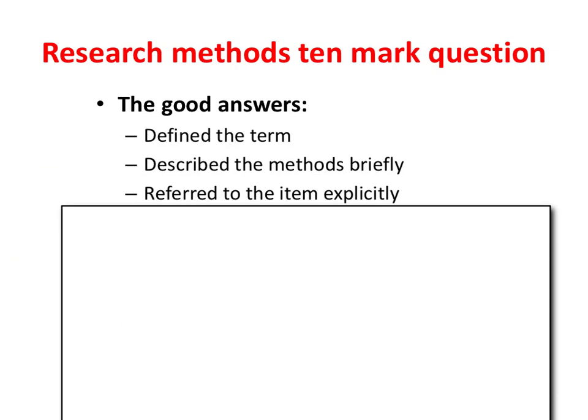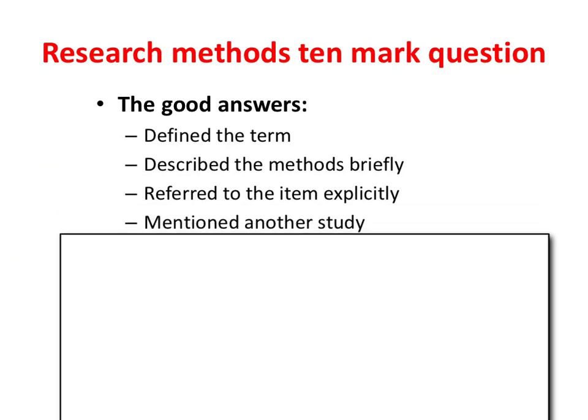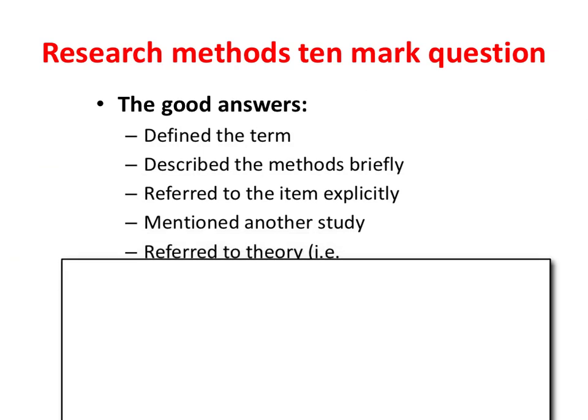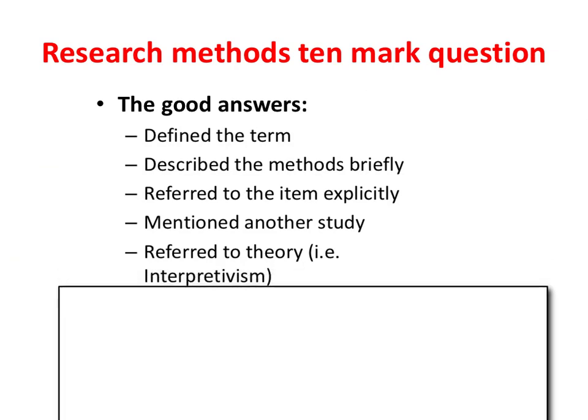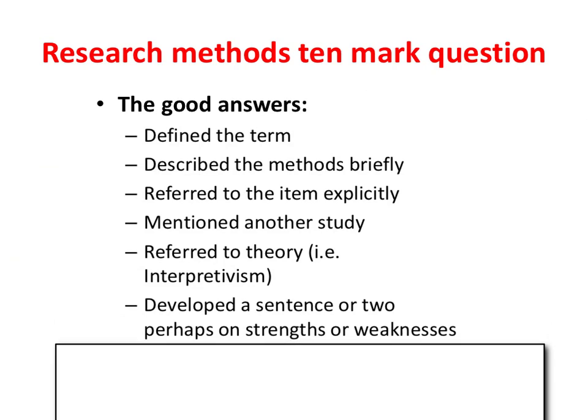They referred to the item explicitly. They mentioned another study based on qualitative data that they had learned before going into the exam. They referred to the theoretical perspective interpretivism, and they developed a sentence or two describing the strengths or weaknesses of qualitative research.